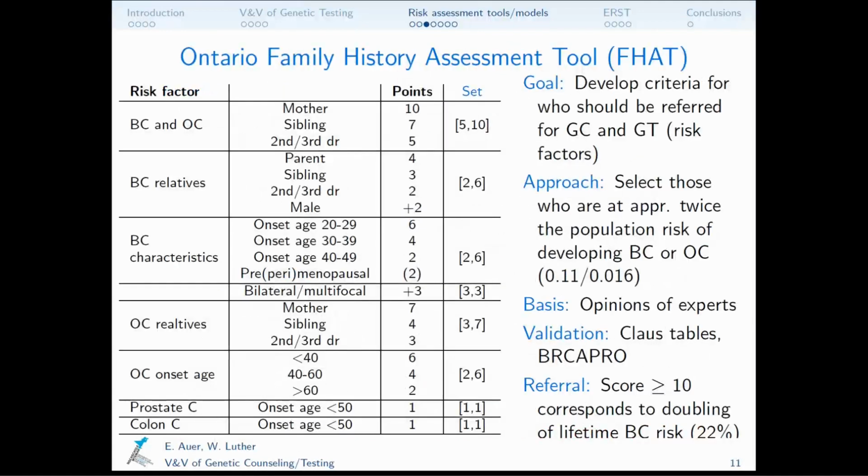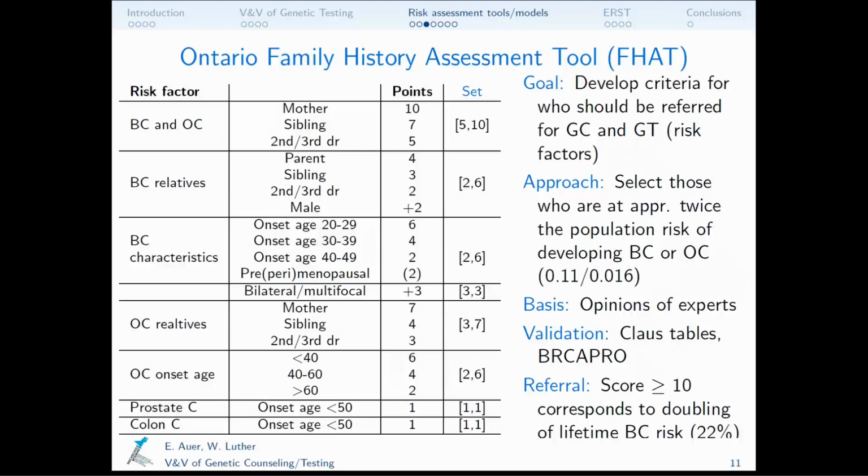So, although there are a number of established tools, also based on those tables I've shown you on the previous slide, to deal with such assessments of risks and probabilities, they are rather difficult to deal with in the conditions of a common doctor's office.